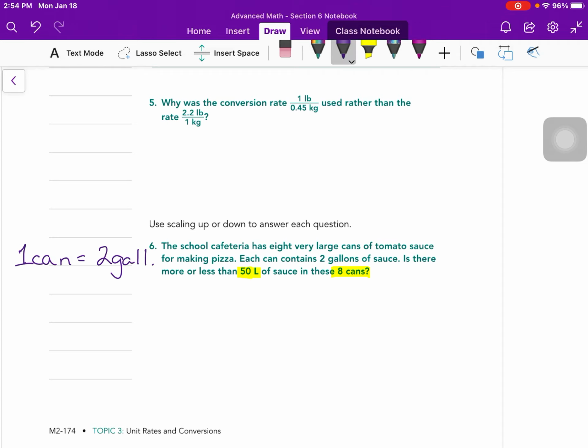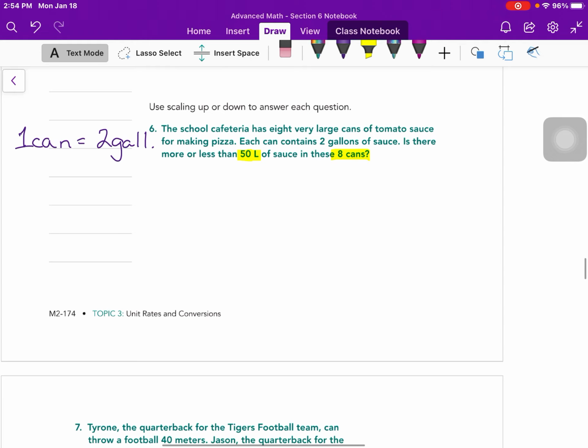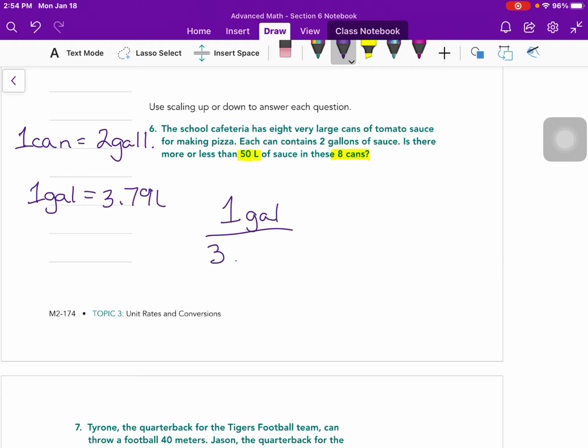Well, what do I know? If I look back on this chart over here, I can see, where are my gallons? Right here. I can see that 1 gallon is 3.79 liters. If I write it like a fractional ratio, I can say 1 gallon, 3.79 liters.